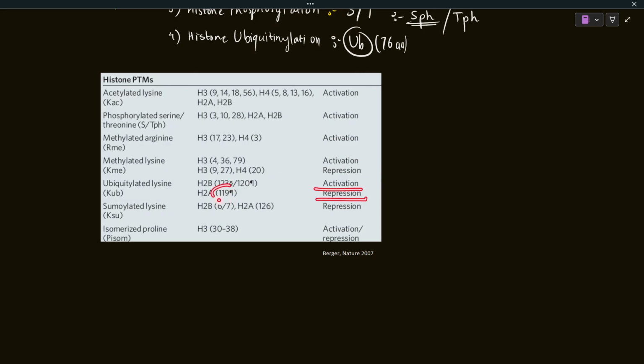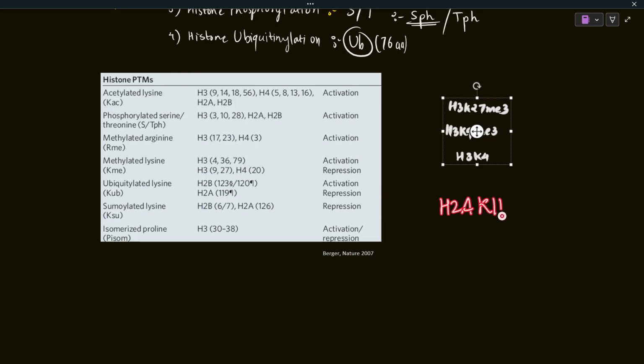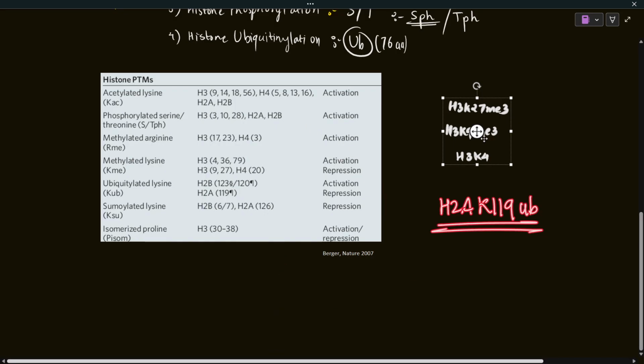On the 119th lysine of H2A, ubiquitin is added, so it should be written as H2A K119 ubiquitination. Okay, this is written as it is. If the methylation is done, let me just erase this.